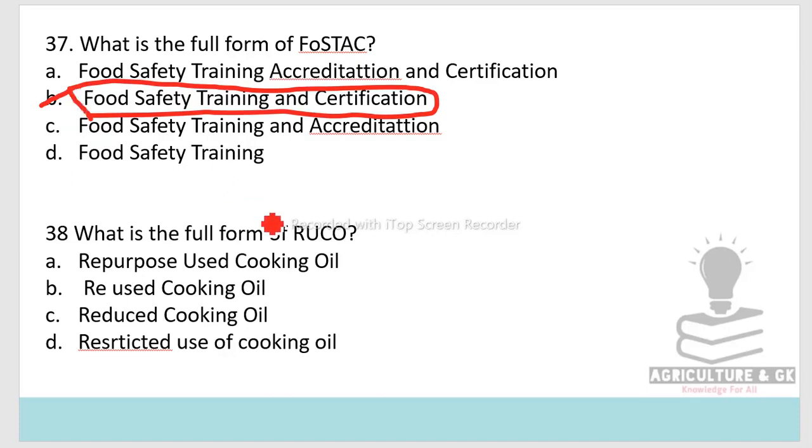Now moving next. What is the full form of RUCO? Repurpose used cooking oil, reused cooking oil, reduced cooking oil, restricted use of cooking oil. So RUCO is repurpose used cooking oil.